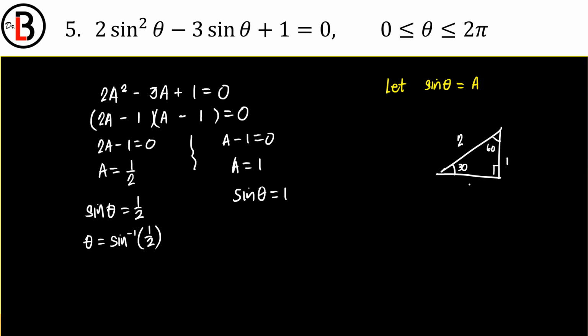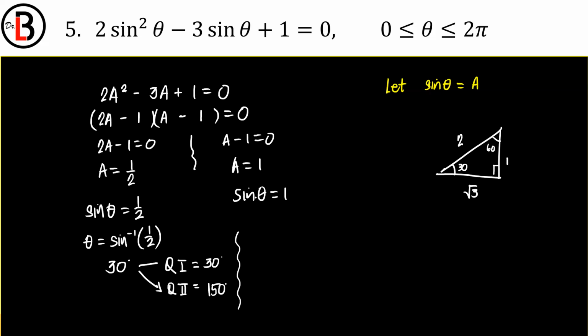That's 1, 2, square root of 3. So sine, I know that this one would be 30 degrees. However, since it's positive, I can say 30 degrees in quadrant 1 and in quadrant number 2. So in quadrant 1, it's really a 30-degree angle. In quadrant number 2, 30 degrees in quadrant 2 is basically 180 minus 30, or 150 degrees.